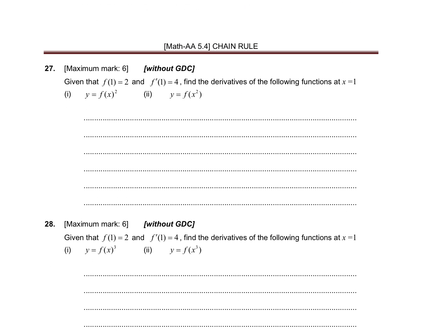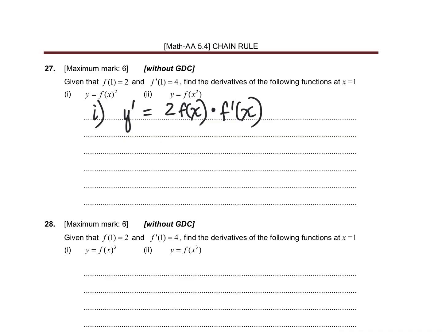Okay, so we've got f at 1 is 2, the derivative at 1 is 4. Find the derivatives of the following functions at x equals 1. So if we want the derivative of I, we're going to have y prime is 2 f at x to the 1 times the derivative of the function, okay?